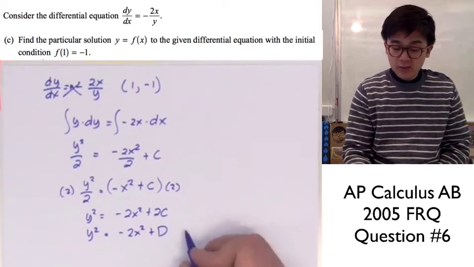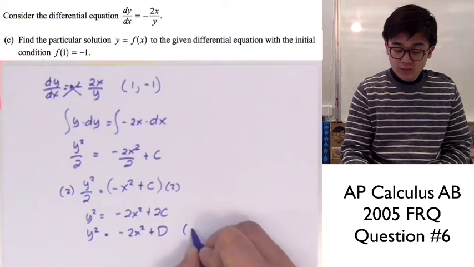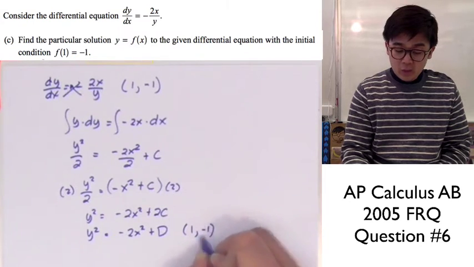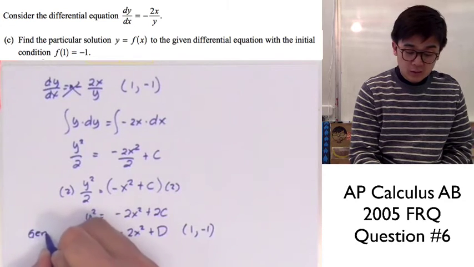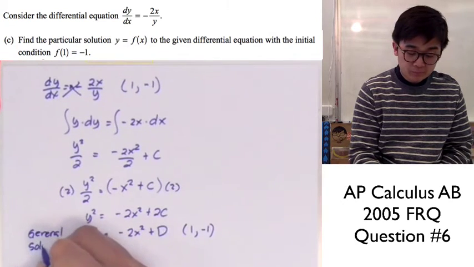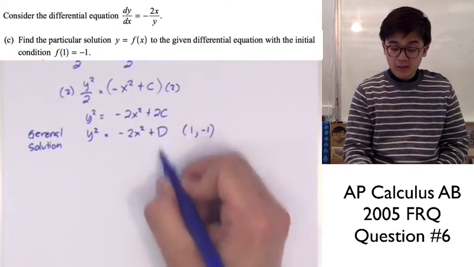Now from here we can solve for the constant d by substituting the values of x and y into our general equation. So this is now our general solution for the differential equation, and all we need to do is find the constant d.